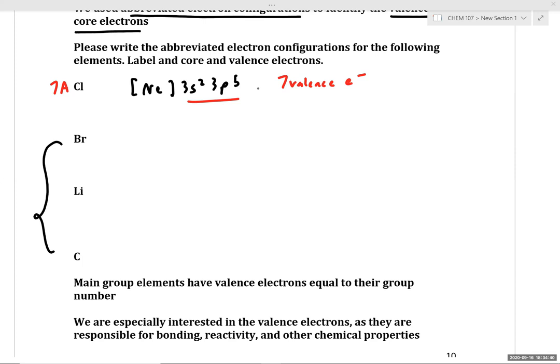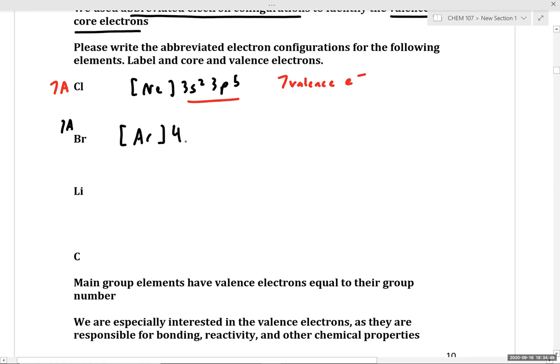So for bromine, as the class has very astutely pointed out, it's a 7A element and has a configuration of argon 4s2, 3d10, 4p5. Only our outermost electrons are valence. So bromine has 7 valence electrons.